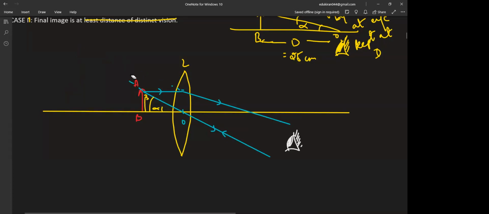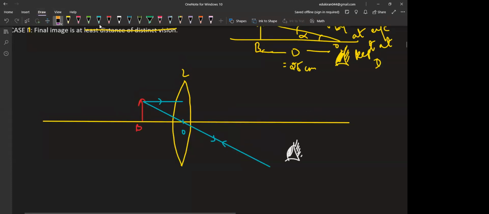This is the object kept, alpha, beta. If the image is formed at infinity, can anyone tell me where the object has to be kept?